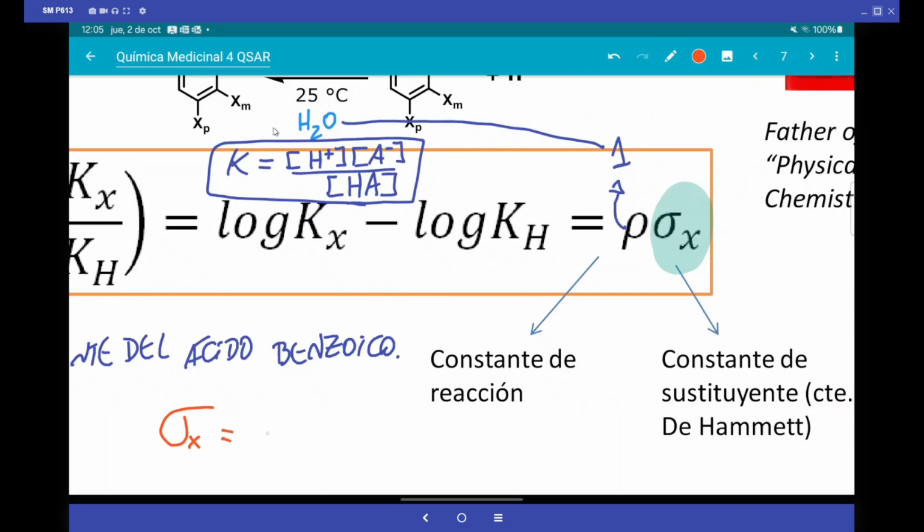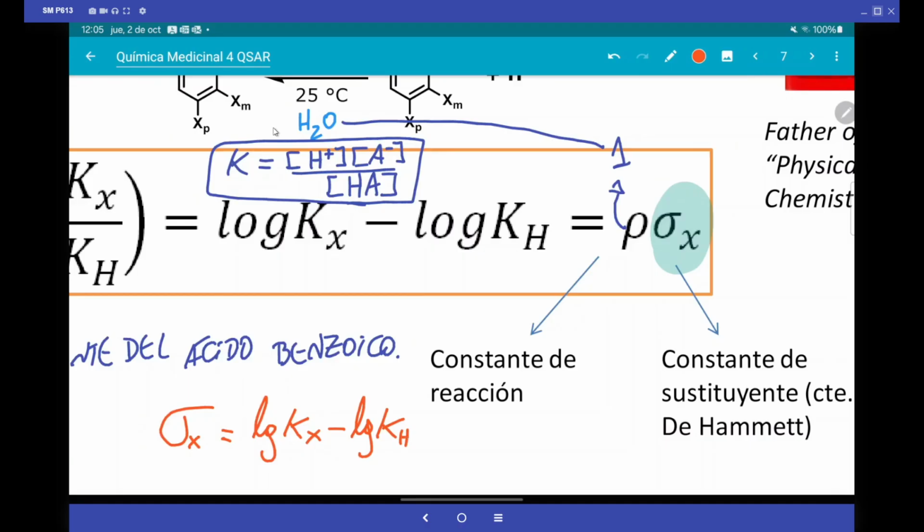Of course, one can try an infinity of groups connected to benzoic acid in para and in meta. The value will be different if the group is connected in para or in meta, and there are groups that it is not possible to connect chemically, and very reactive groups could cause that.